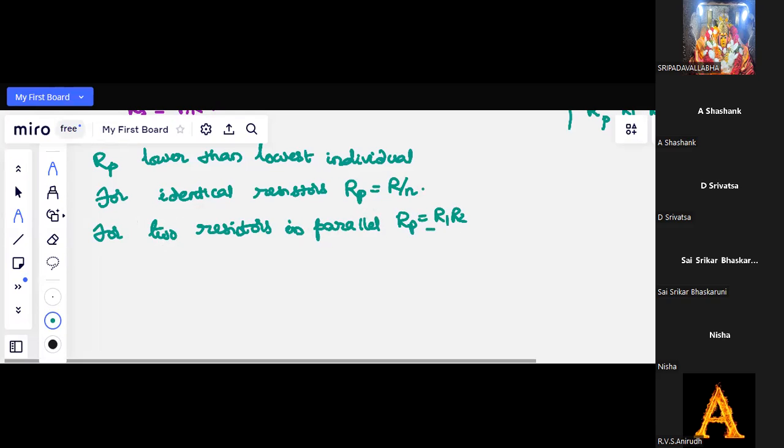Like C1 C2 by C1 plus C2 in series, for parallel we write R_P is equal to R1 R2 by R1 plus R2.